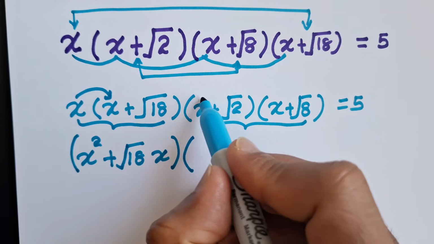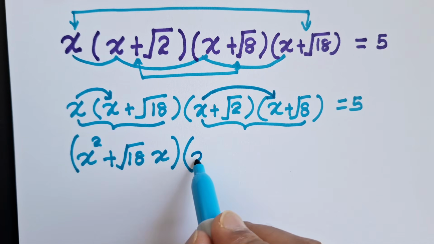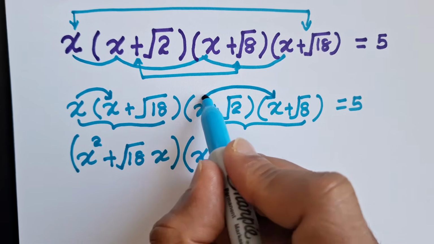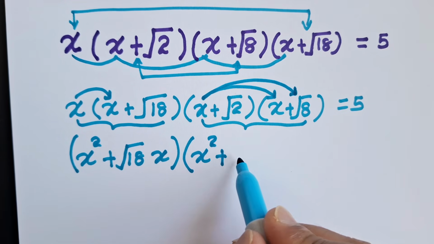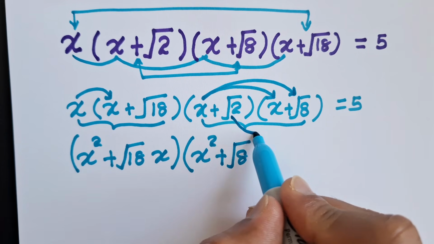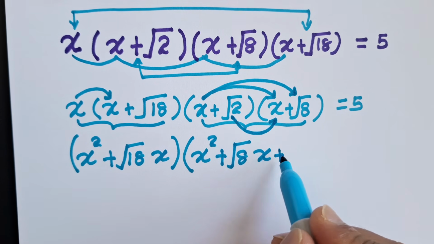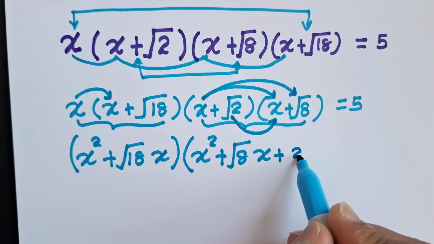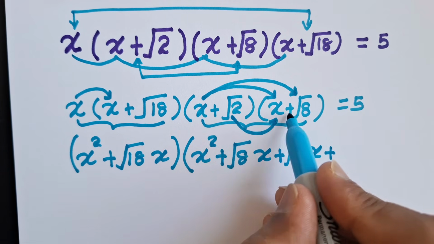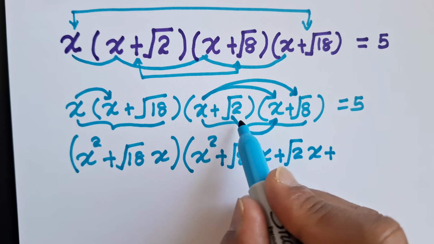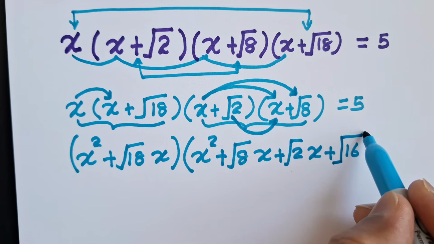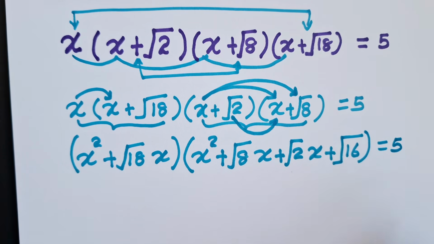Here in the parentheses we have x times x, x squared, plus times plus is plus, x times square root of 8, square root of 8 times x, square root of 2 times x, and square root of 2 times square root of 8, it is square root of 16. 2 times 8 is 16. We have square root of 16, equal to 5.